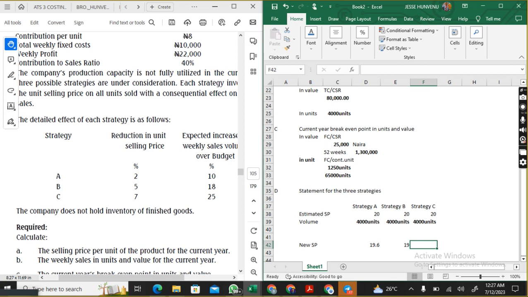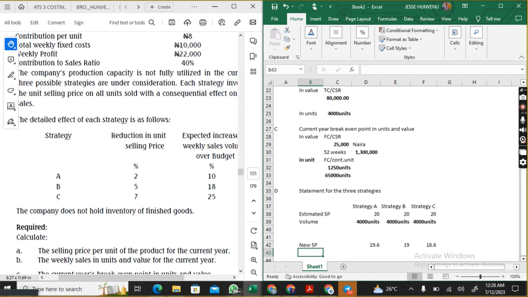With this one, it was reduced again by 7%, which gives 18.6.